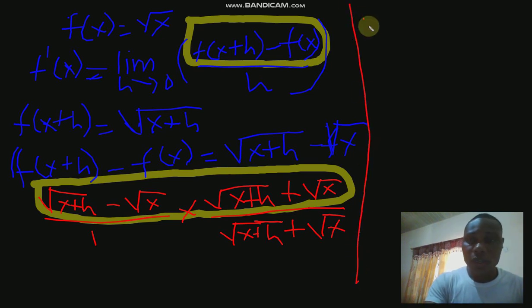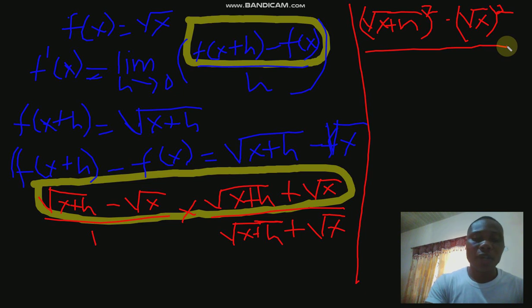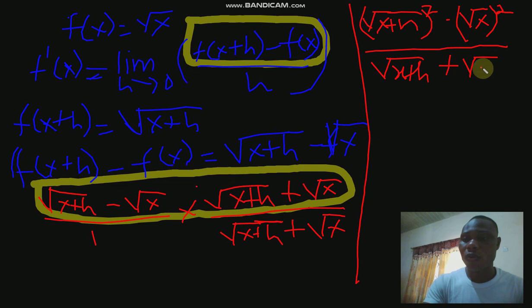I'm going to get root of x plus h all squared minus root of x all squared, all divided by root of x plus h plus root of x. I just multiply by 1, and that's how it is.